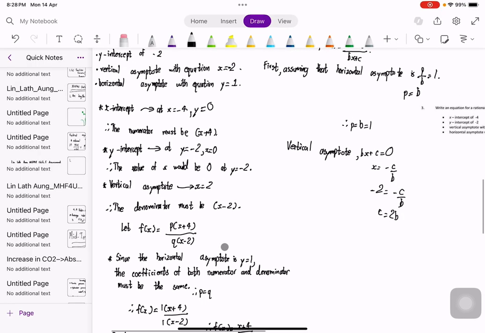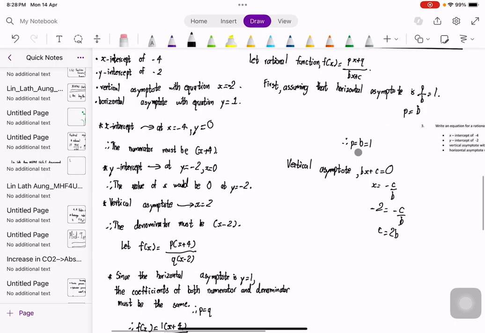And so by having this expression here, we get the value of p would be 1, so p is equal to q.